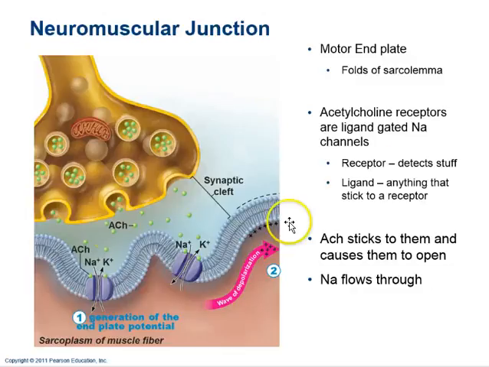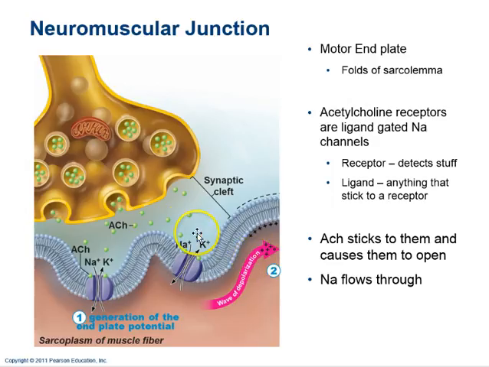So it's part of the sarcolemma, which is another one of these anatomy and physiology terms we have for the cell membrane of a muscle cell. So the portion of the muscle cell membrane that you find underneath a neuron is called the motor end plate. And remember, like all cells, it has a somewhat negative resting membrane potential. So you want to envision some negative charges lined up here on the inside of the membrane.